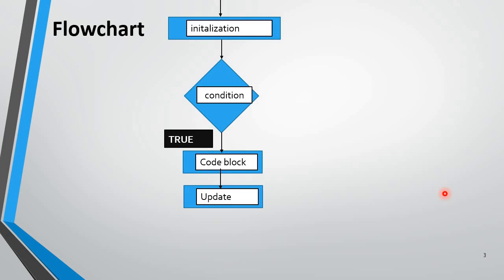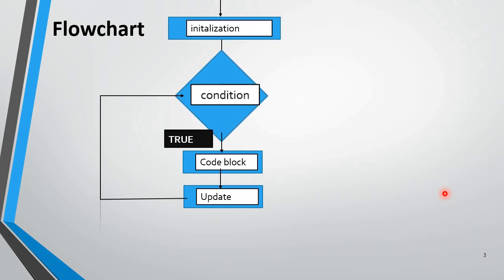After that, the index will be updated to the next value, whether it is decremented or incremented depends on the code you have written. After the updation of the value, the index value will be checked against the condition again. If again the value results into true, then the code block inside the loop will execute.